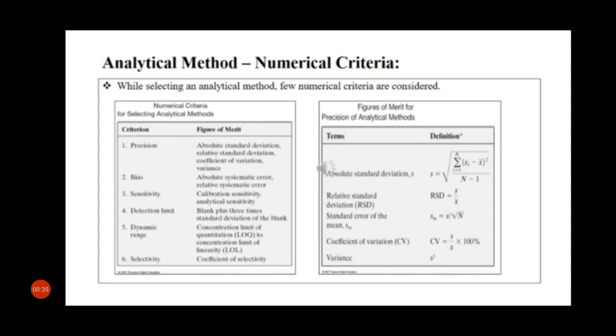The parameters which are of immense importance in analytical measurement are precision, bias, sensitivity, detection limit, dynamic range, and selectivity.